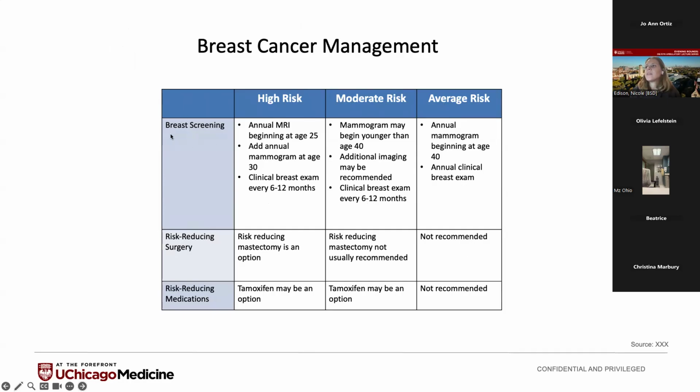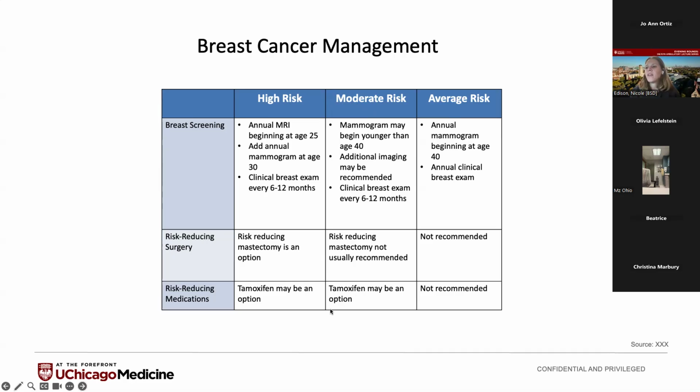For breast screening, the average person, as you probably all know, we recommend an annual mammogram or at least every 2 years, beginning at age 40 with a clinical breast exam. A moderate risk patient will often still get regular mammograms. If breast cancer is young in your family, you may start a little bit younger. And we may be a little bit more likely to add on additional imaging, especially if you have dense breasts.